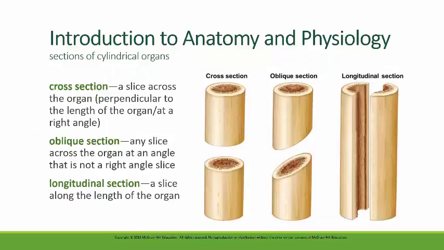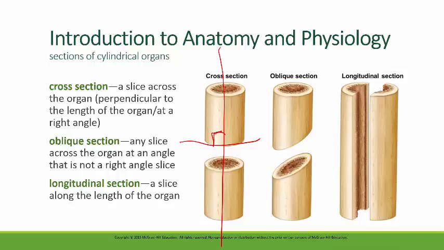If we have an organ that is somewhat cylindrical, we can talk about sectioning it one of three ways. There could be a cross section. That is a slice that goes directly perpendicular at a 90-degree angle to the long axis of the organ or body that's being sliced, the cylindrical thing that's being sliced.